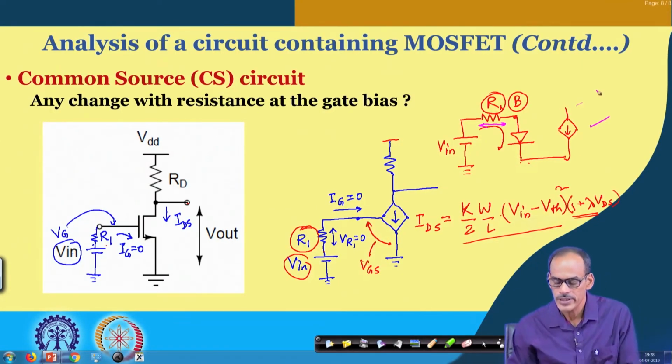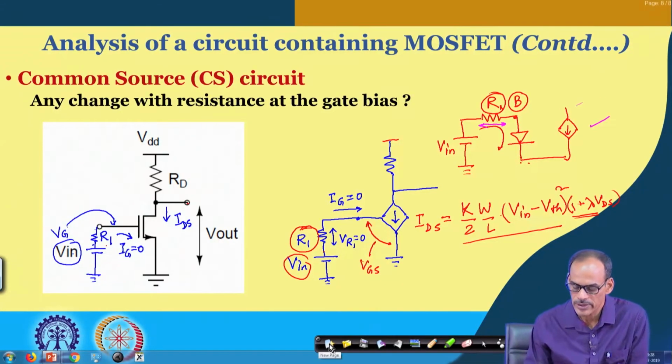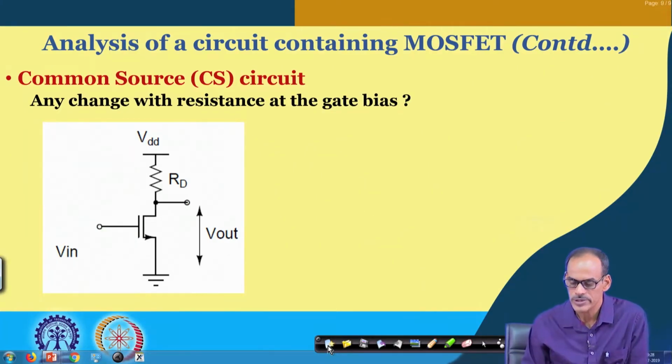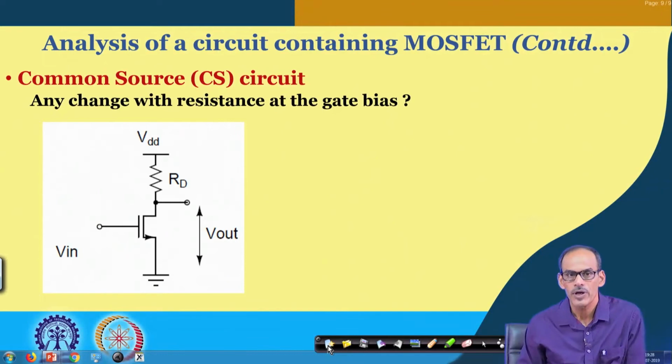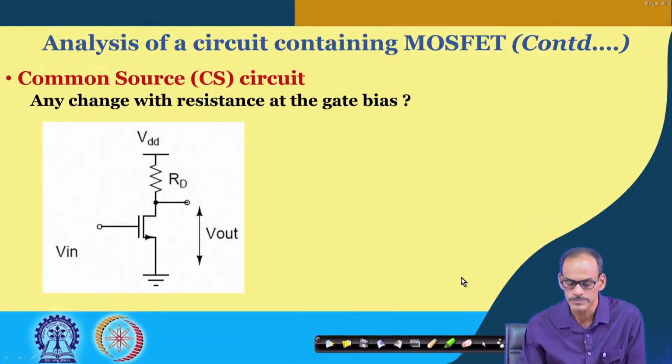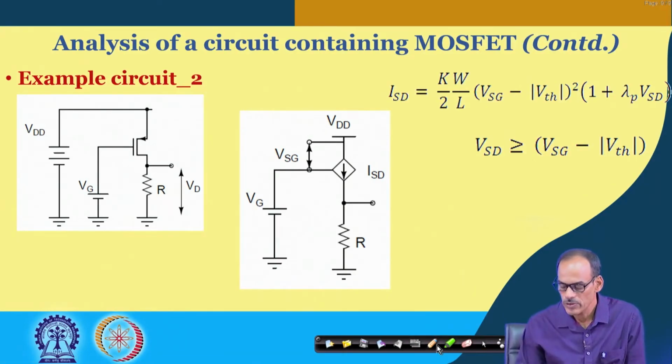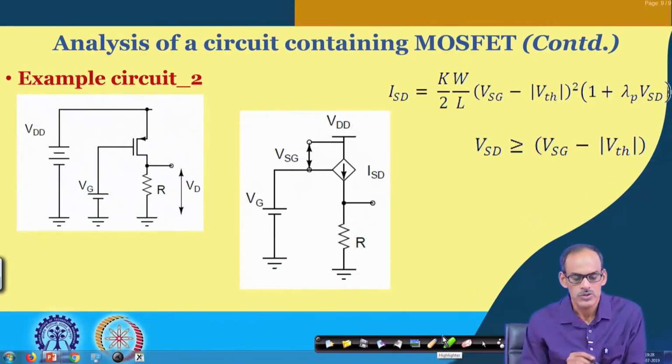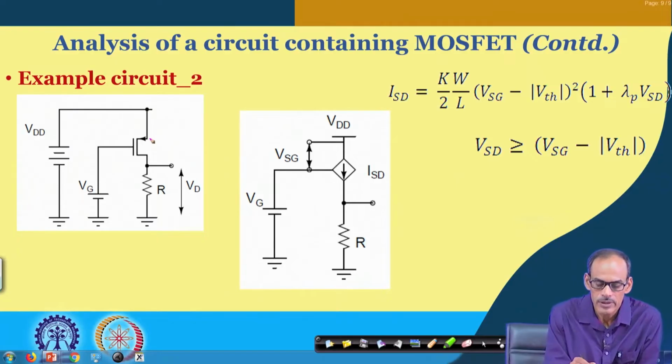And as I was hinting, so far we have been discussing circuits containing an N-channel MOSFET. In case you have a circuit with a P MOSFET, then what do you do? So, here we have an example. This is the transistor of our consideration. Its source is connected to VDD.